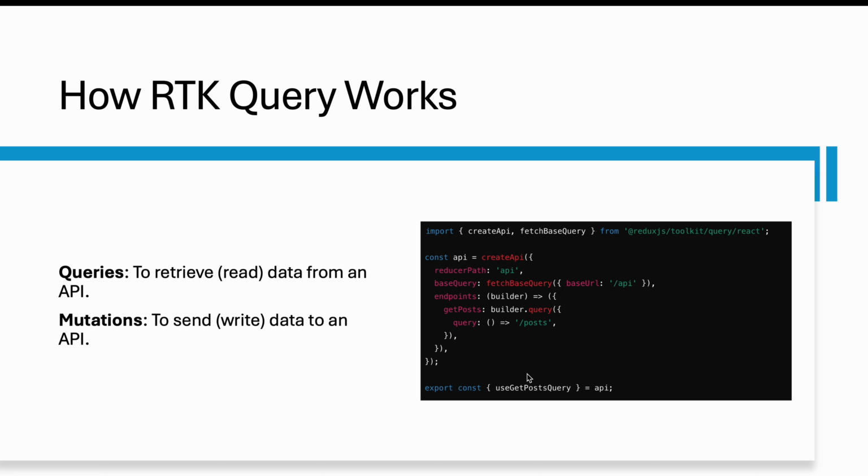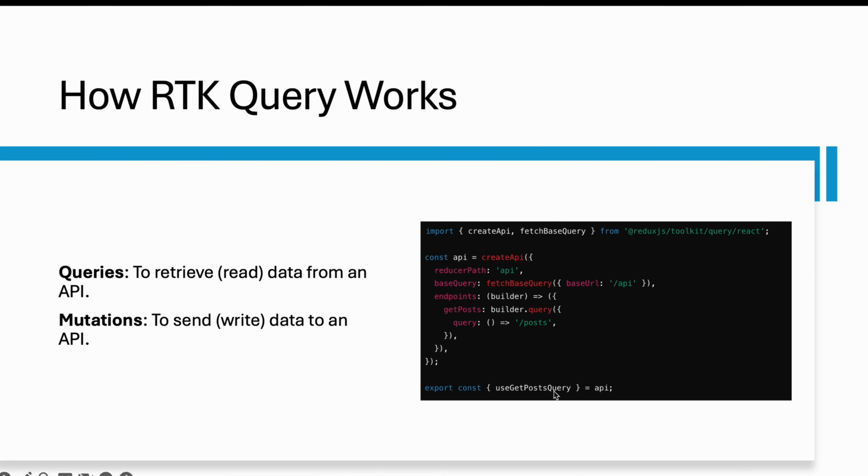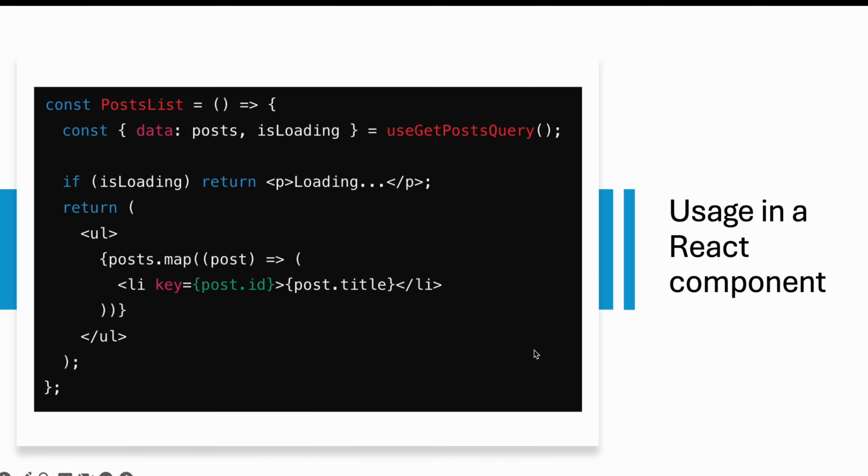And then at the end, what you are doing is just exporting useGetPostQuery, which is equal to API. This is something that you will use in your component. So let's go and check how we will use this useGetPostQuery in a component and get the real data. You see here useGetPostQuery is used, and what are we getting? We are getting data and isLoading.